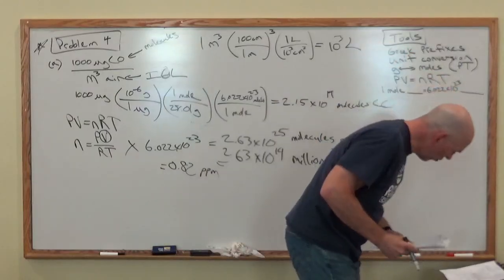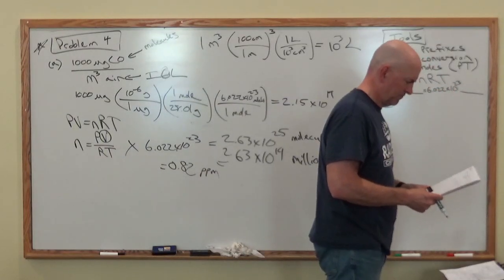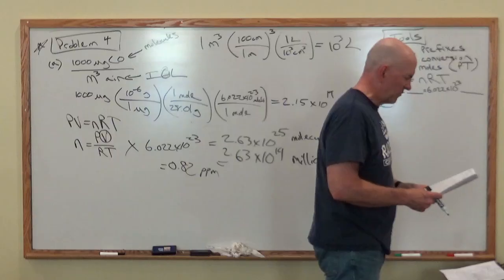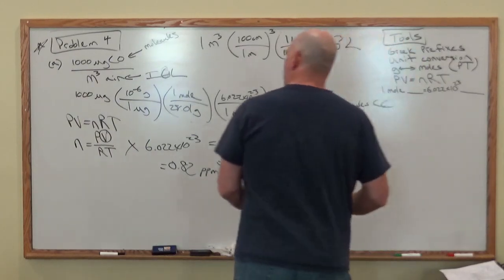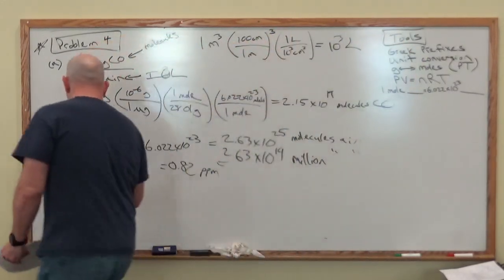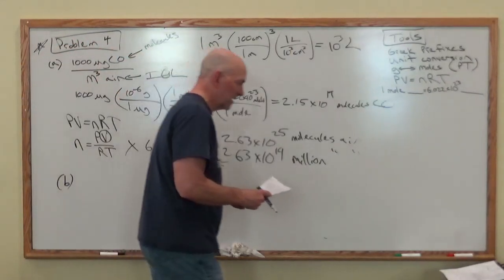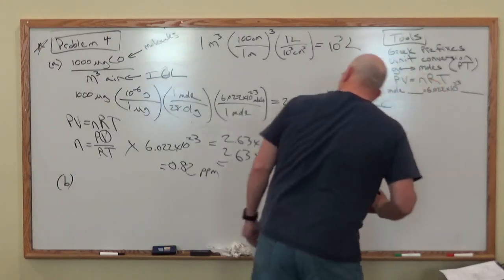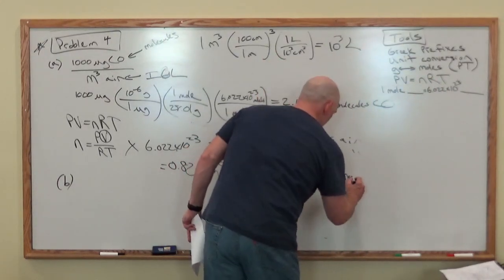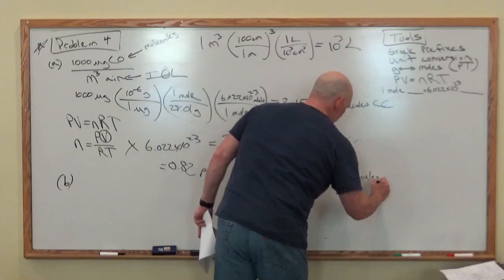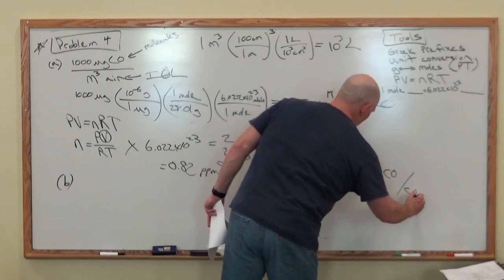And I think the last one is pretty easy. What are we trying to get? So this is B. We're trying to get molecules per cubic centimeter. So molecules of carbon monoxide per cubic centimeter.